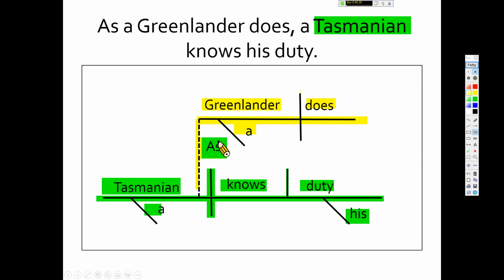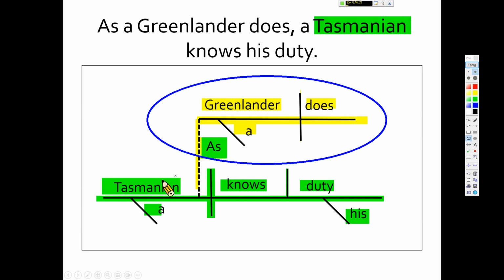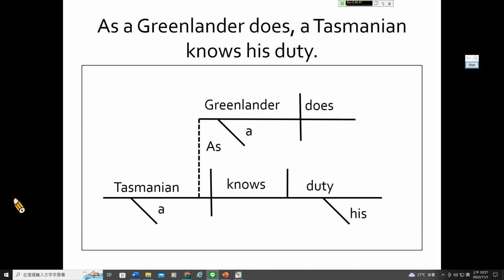So with this one, we know this position. This one is a modifier for Tasmanian. So this is an adjective. Okay. Tasmanian knows his duty. So this is the one we need to have. Okay, a little bit strange, right? But the rationale is the same.